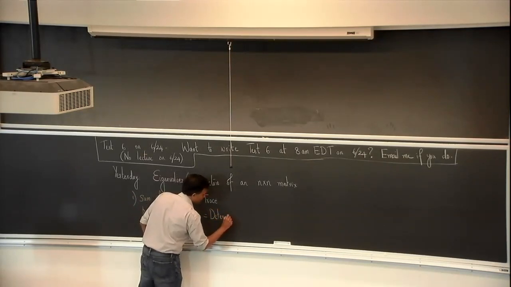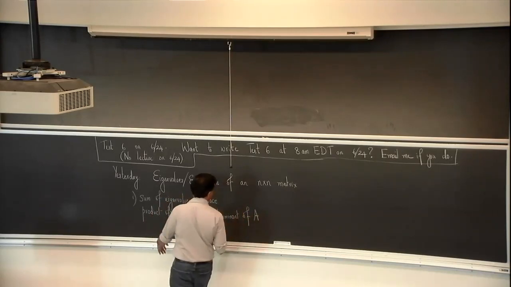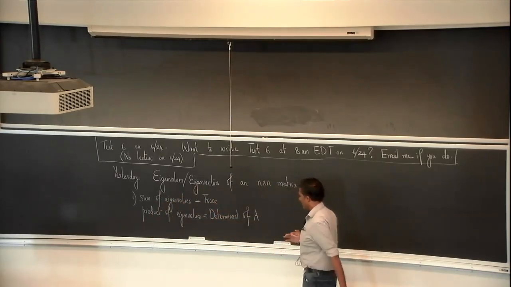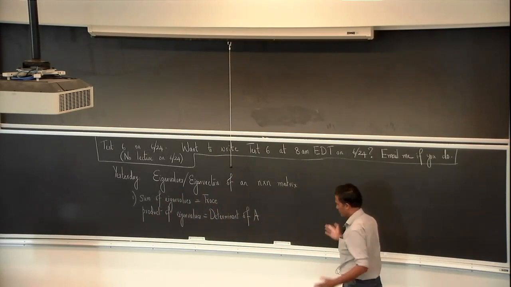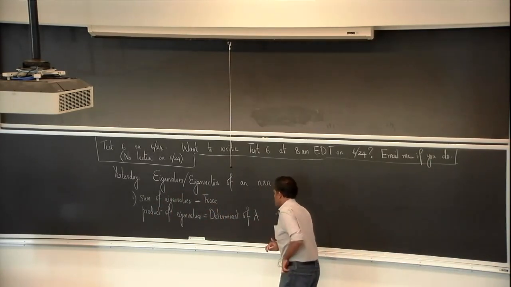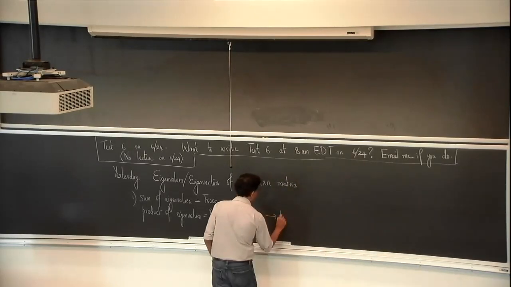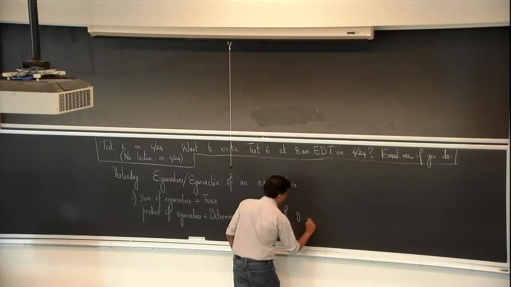determinant of A. Okay, which means that if 0 is an eigenvalue, then obviously the determinant would be 0. Okay, that would make a lot of statements in the invertible matrix theorem to flip over. Okay, so if 0 is an eigenvalue, which is possible.